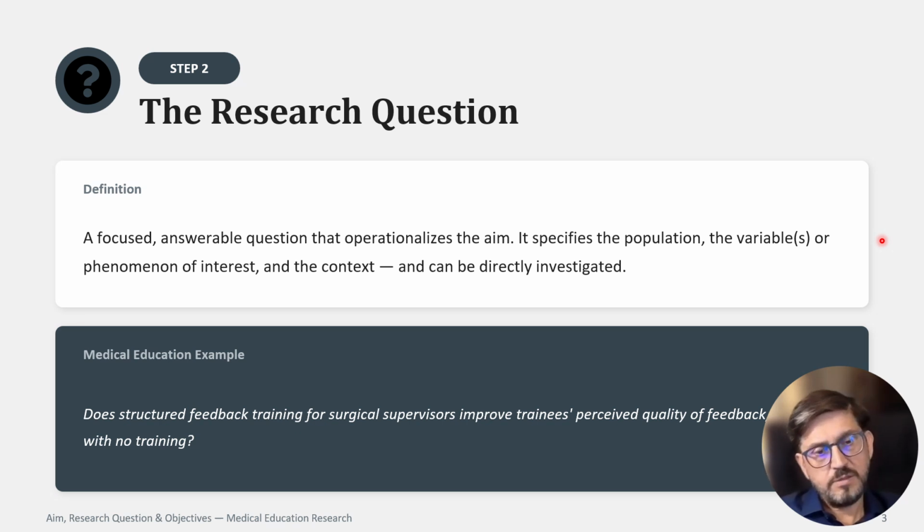Now, if we see what our research aim was and align the research question with it, you would see that the research question here is: does structured feedback training for surgical supervisors improve trainees' perceived quality of feedback compared with no training?